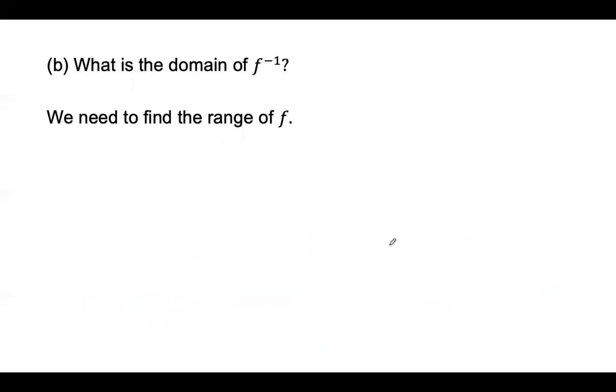Okay, so what is the domain of the inverse of this function? We first need to find the range of f. So let me make a little note here. The range of f of x is equal to 1 plus 5 times cos of x.